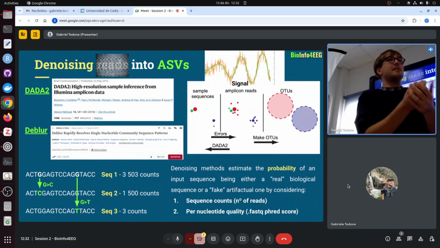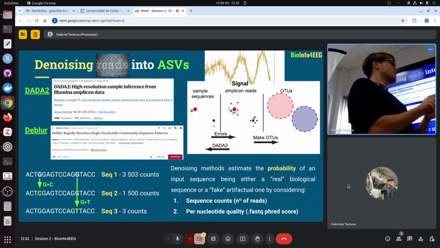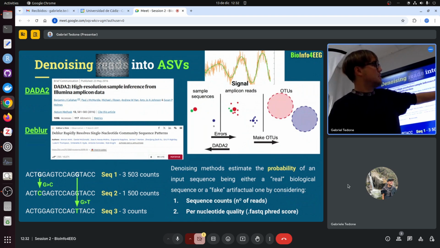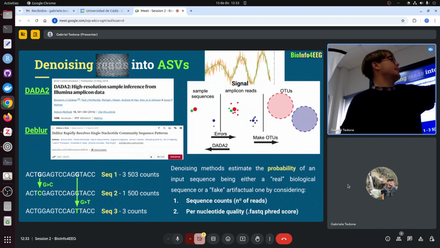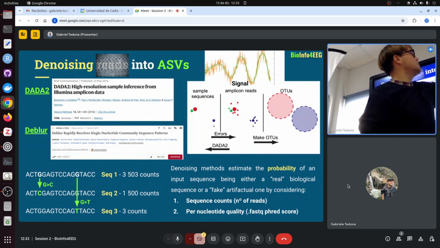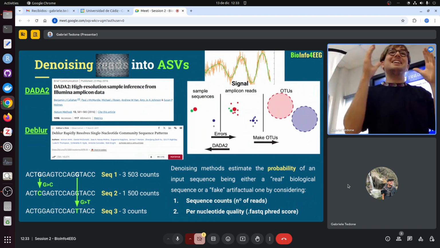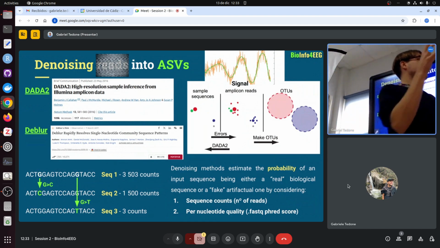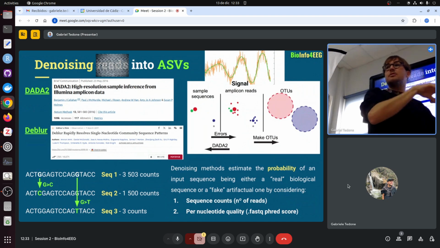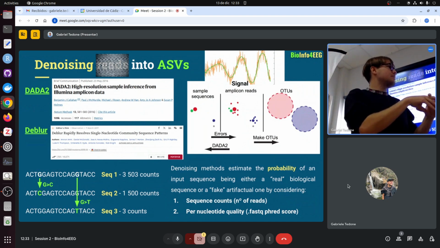But every signal has some noise. Denoisers will try to remove that noise, that's why they're called denoisers, and get a clearer signal of the community, the biological information that is in the sample.